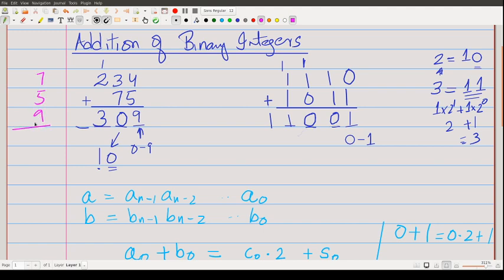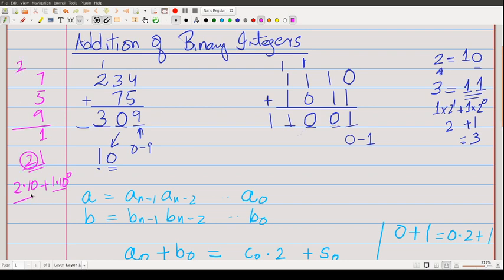So this is 7 plus 5, which is 12, 12 plus 9 is 21. Now for 21, you can write 21 as 2 times 10 plus 1 times 10 to the power 0. You're again checking the digits, right? And so the last digit will come here, and this will be carried out to the next one.